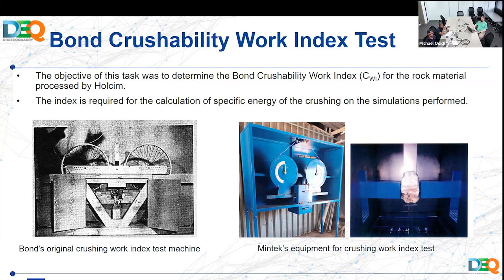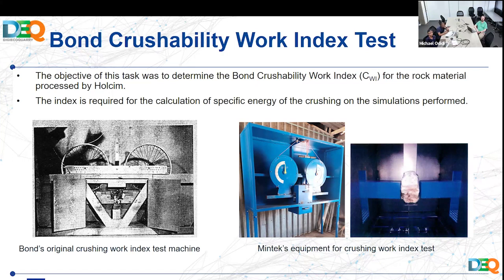All the optimization efforts that they are putting in, they need to have a look at the specific energy. So it's critical for them to have an understanding of the hardness of the material, and hence we had to do the work index test for them.